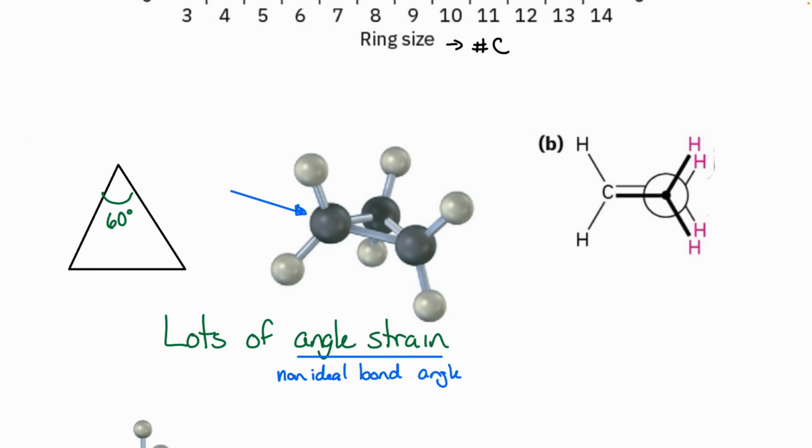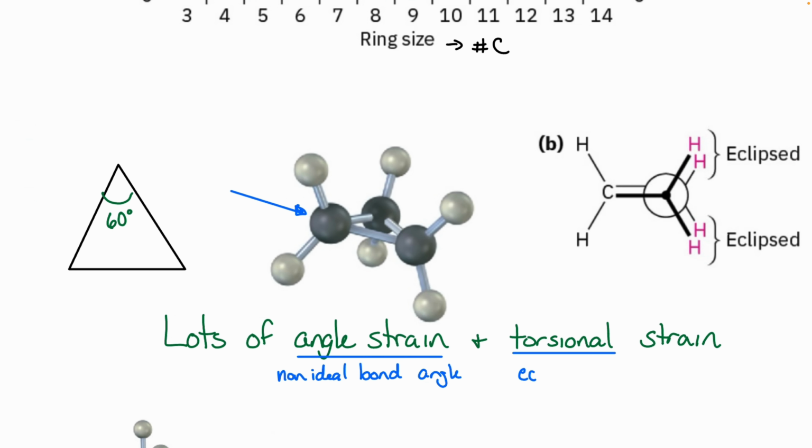Yeah, these are eclipsed bonds here. And what do we know about eclipsed bonds? Good or bad from a stability standpoint? Bad, right? Our bonds don't like to be next to one another. So this is what we call torsional strain. So this triangle here has lots of both angle strain and torsional strain. Again, the torsional strain are those eclipsed bonds.